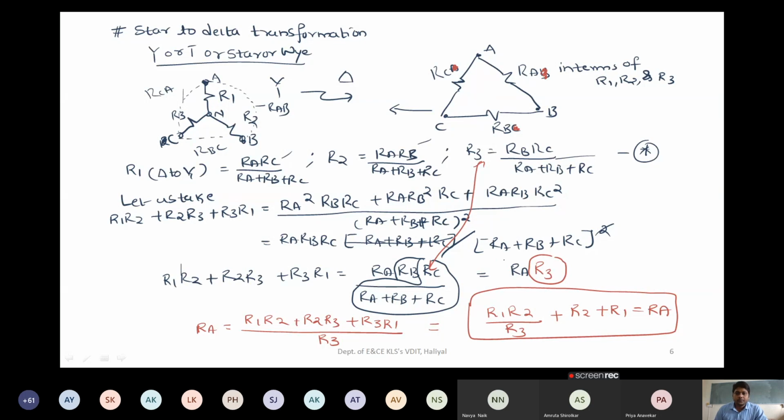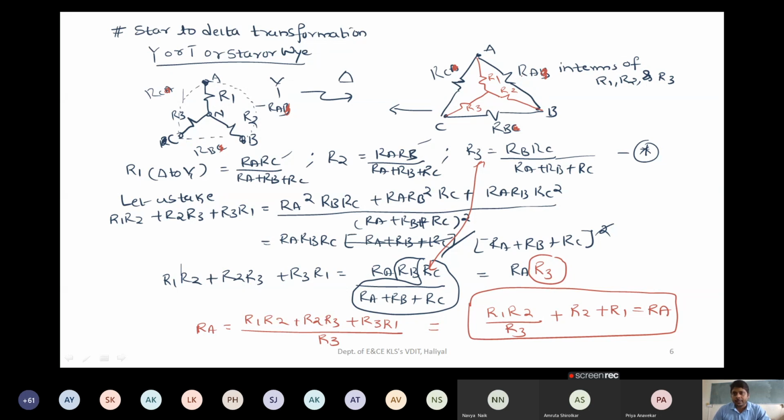So how to remember this now? If I want to calculate RA, I will just superimpose this here and cancel out this RB. I take these as R1, R2 and R3. Looking at the equation, you can remember it in two ways.